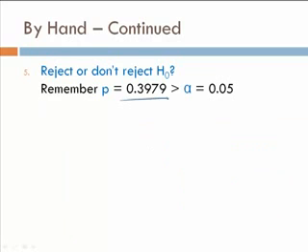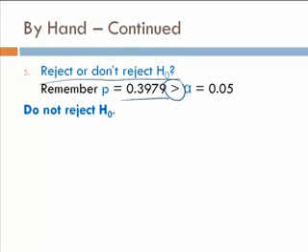So that's our p-value, 0.3979. And it turns out in step 5 we're going to decide whether to reject or not. If p is less than or equal to alpha, then we do reject. So now we have a p that's greater than alpha, so it's not less than, it's not equal to. In that case, we do not reject the null hypothesis.